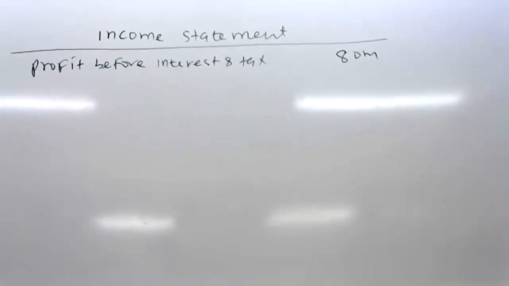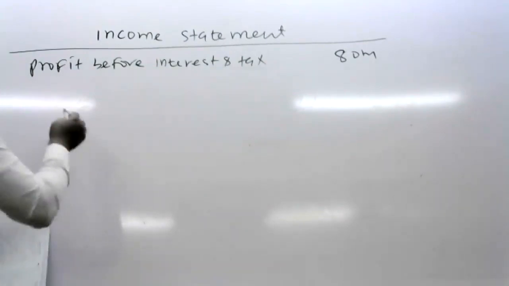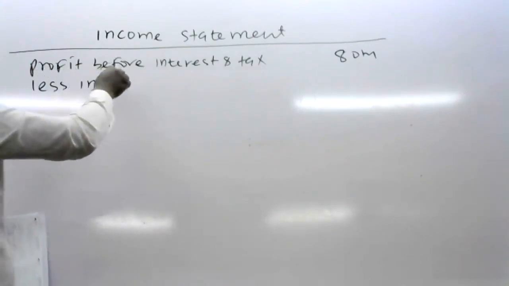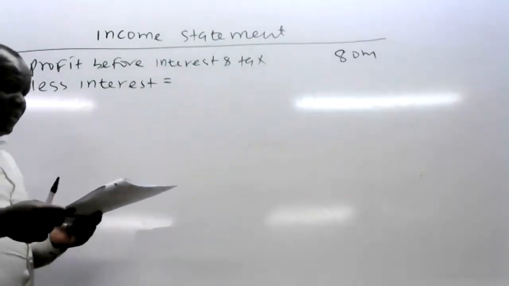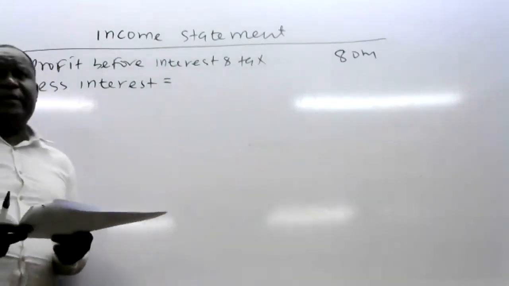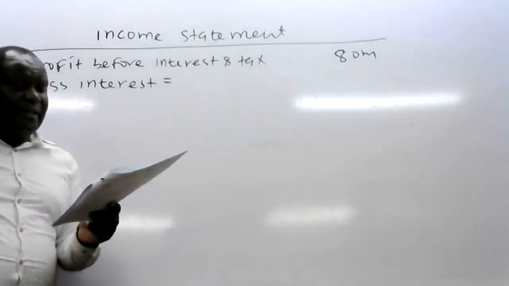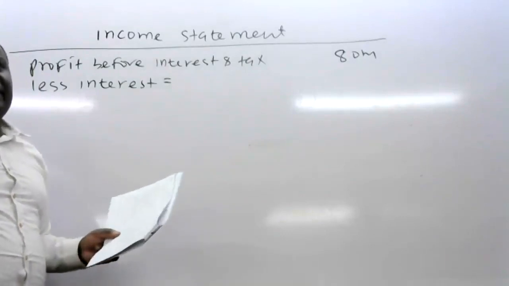Then on that, we less the interest. Interest, you can see the question has given you 15% debentures. Interest is calculated on the debentures. Are you able to see the 15% debentures?